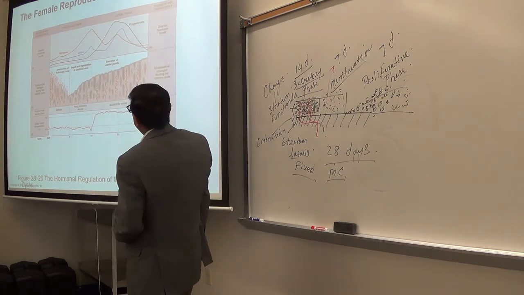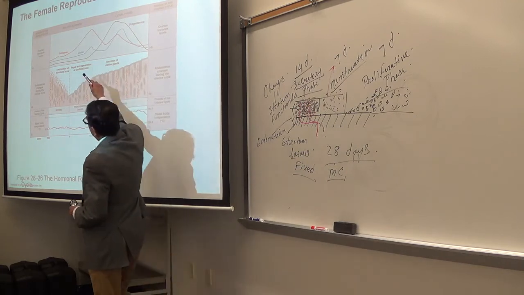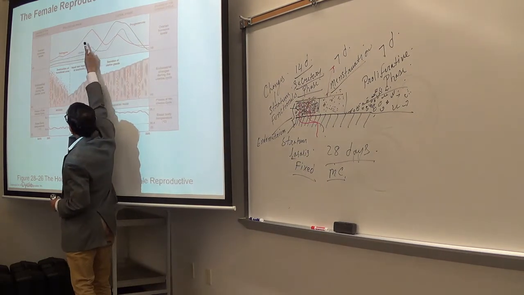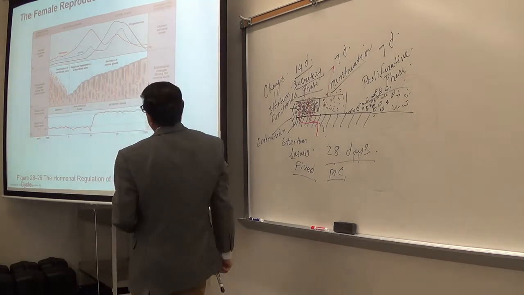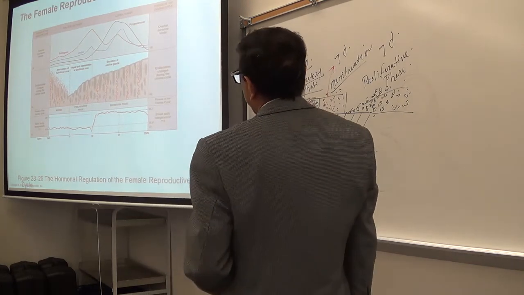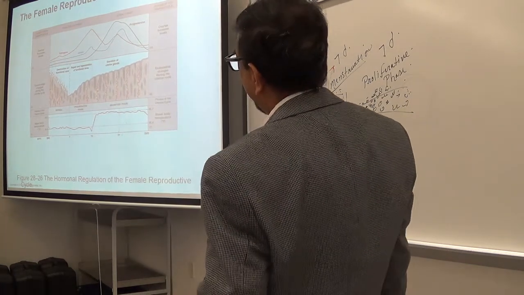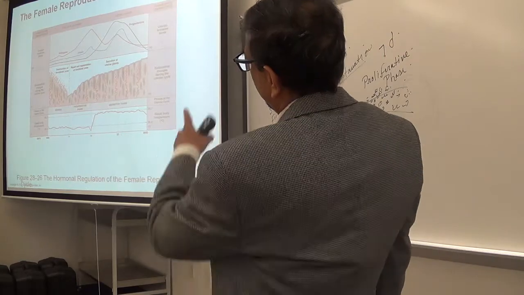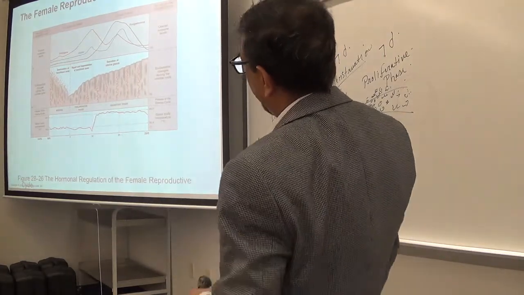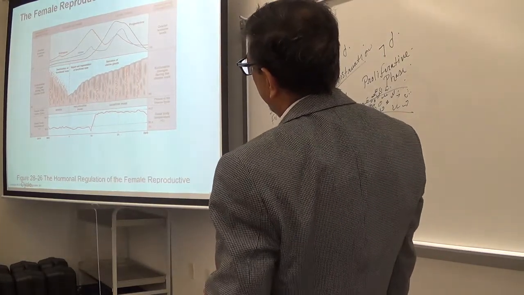Now let's see the proliferative phase. In this part, you see the estrogen rises. It goes up to the peak. So gradually, the estrogen level increases in this phase.